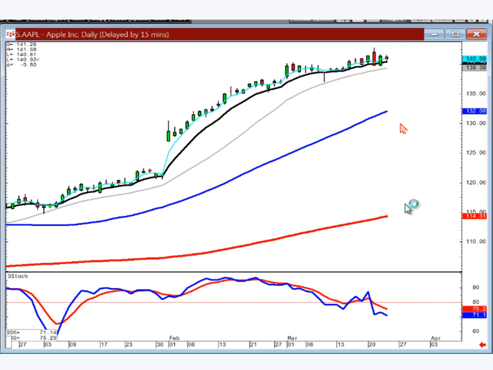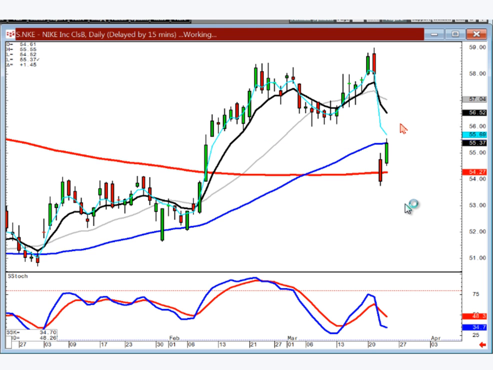All these are moving sideways, kind of in anticipation, I would say, that politically this market is not going to get moving until there is something done on the healthcare situation.